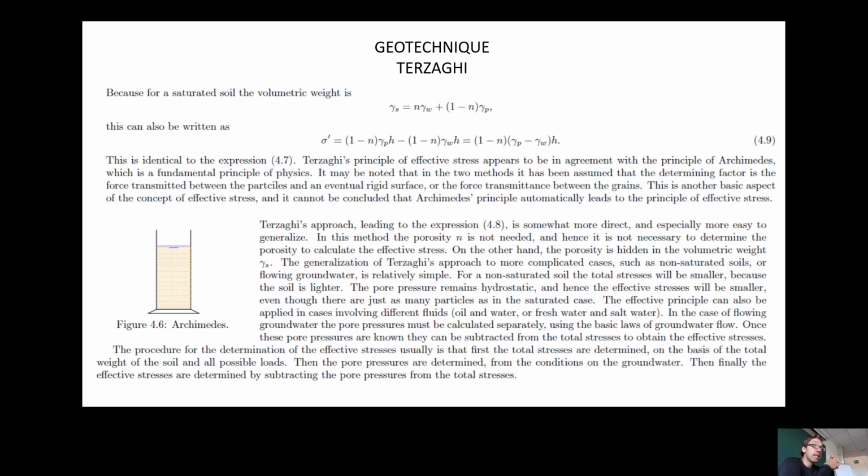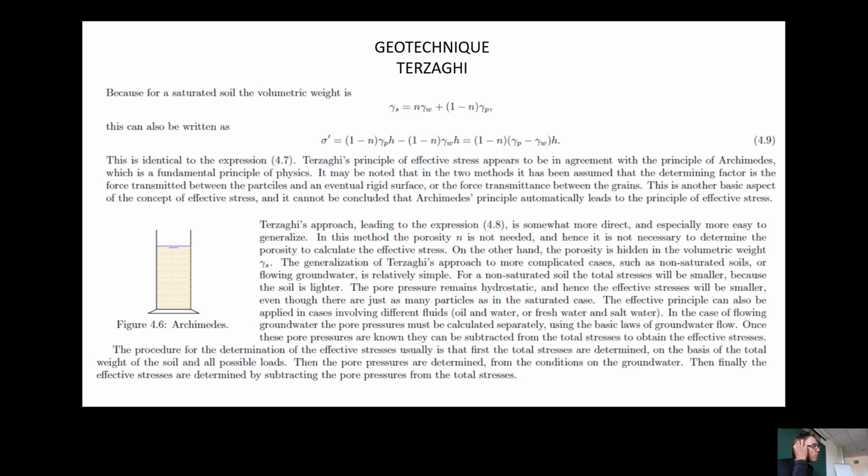The generalization of Terzaghi's approach to more complicated cases, for example non-saturated soil or flowing groundwater, is nevertheless very simple. Even in non-saturated soil, the total stress will be smaller because the soil is lighter, and what is important is that the pore pressure remains hydrostatic.